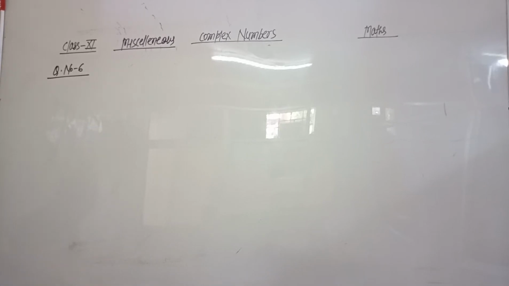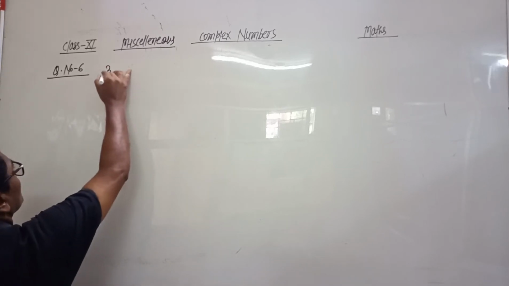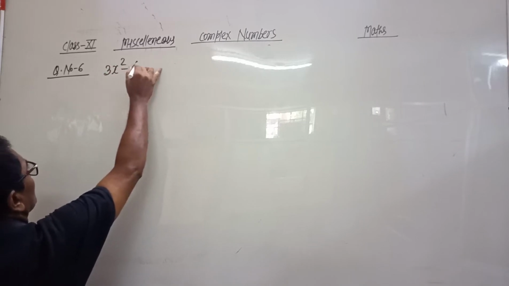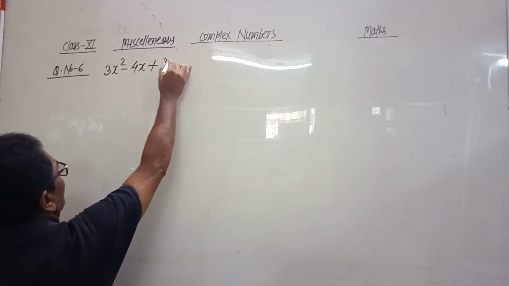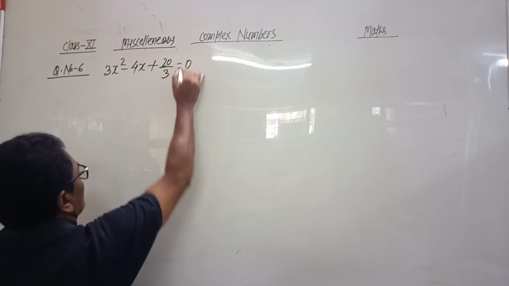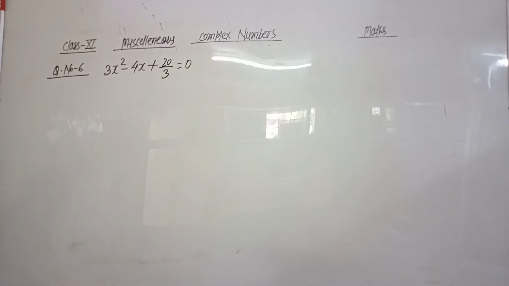This is 3x square minus 4x plus 20 by 3 equals 0.